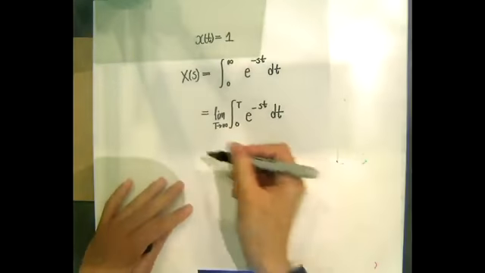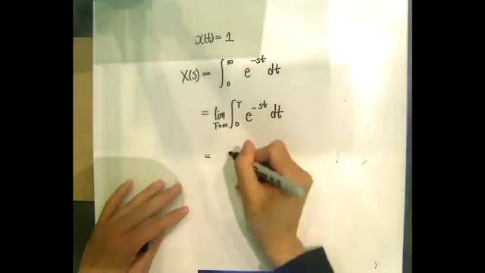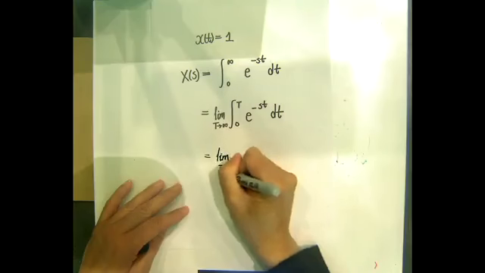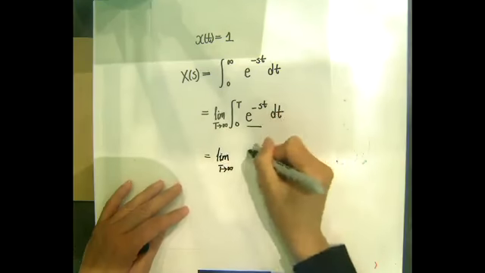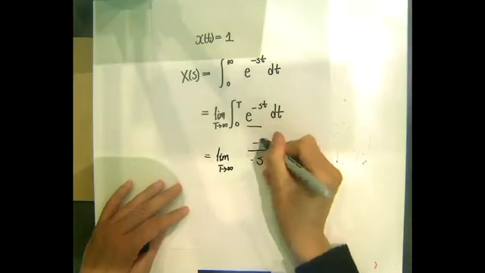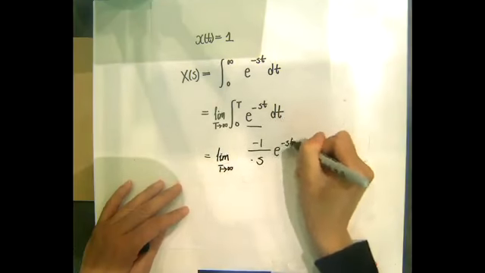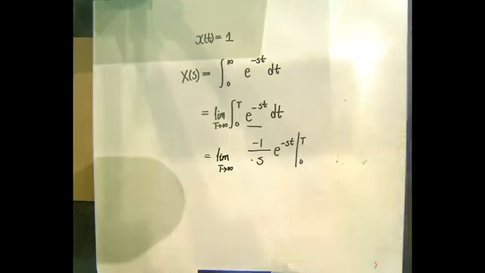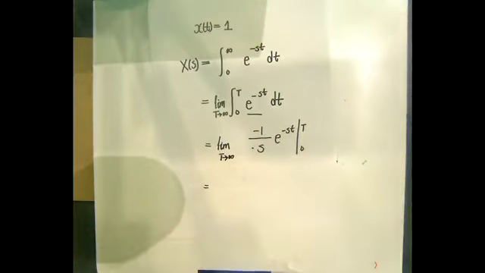So this one is easy. I will take the limit as T goes to infinity. And this one, I will have minus 1 over s, e to the minus st, from 0 to capital T. Okay, when small t equals 0, it will be 1 over s.